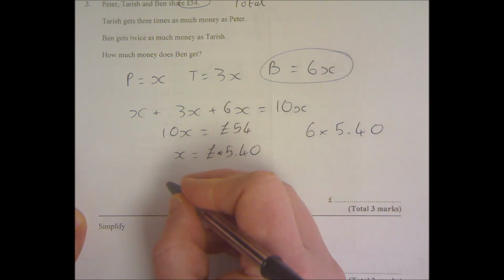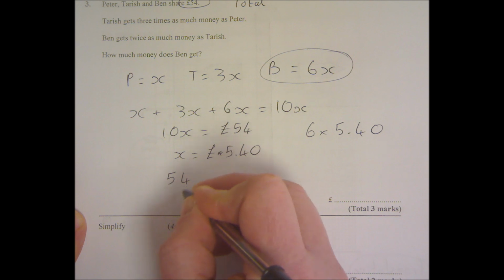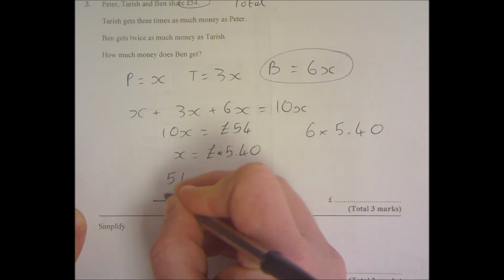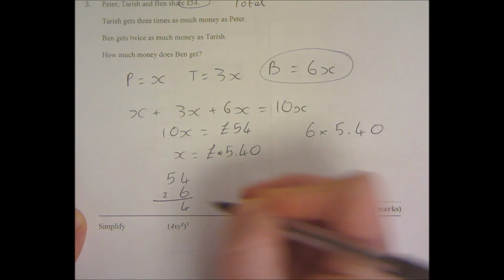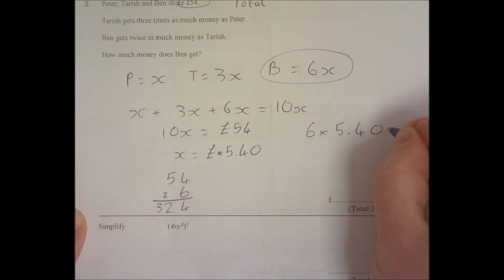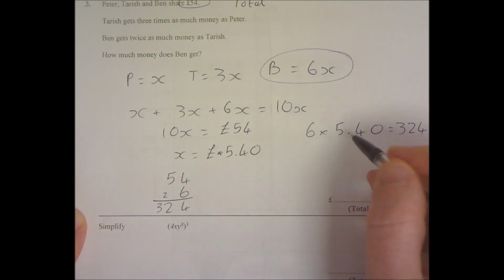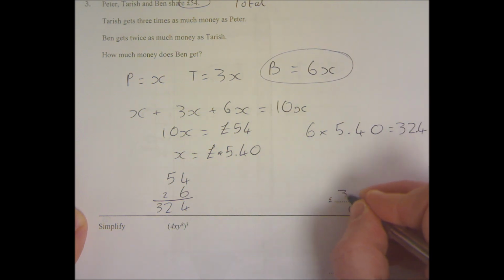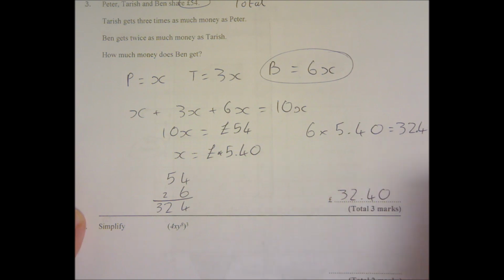Okay, so if I'm multiplying by a decimal, I'd take out the decimal, so I'd do 54 times 6. 4 times 6 is 24, carry the 2. 5 times 6 is 30, add the 2 is 32. So we know it's going to have the digits 3, 2, 4 in. And then because I've divided 54 by 10, I need to divide my answer by 10, so it's £32.4 or £32.40.